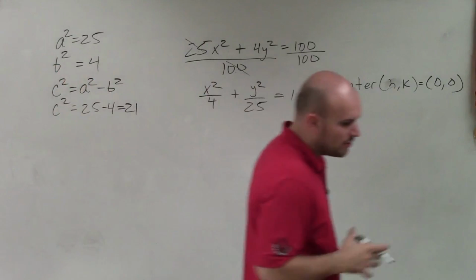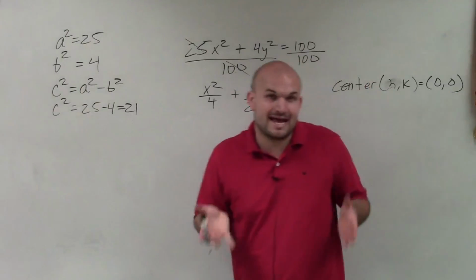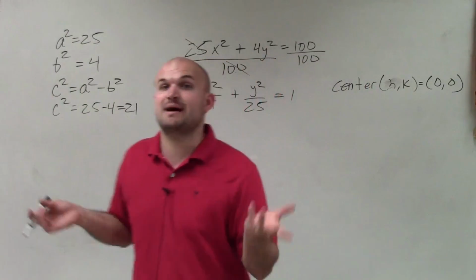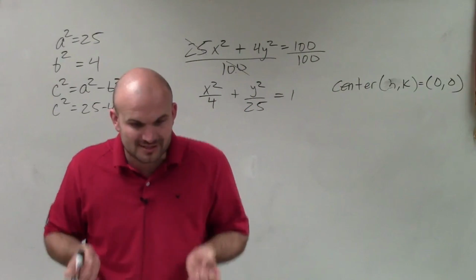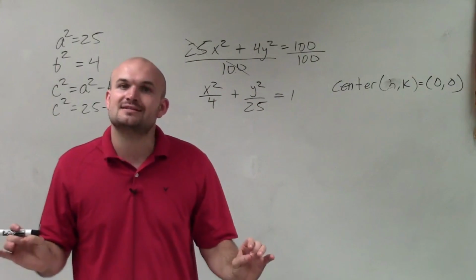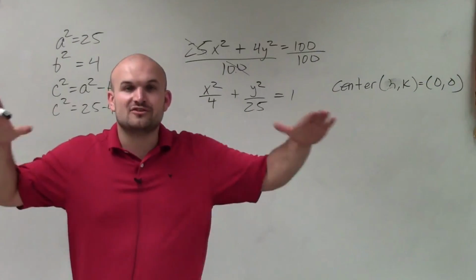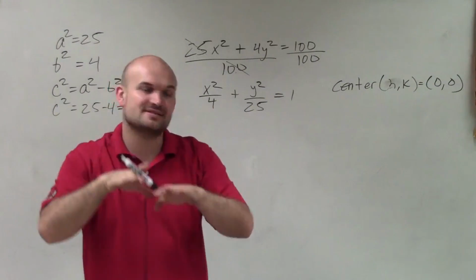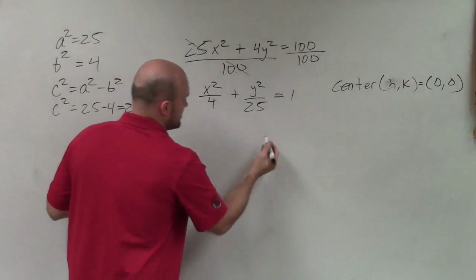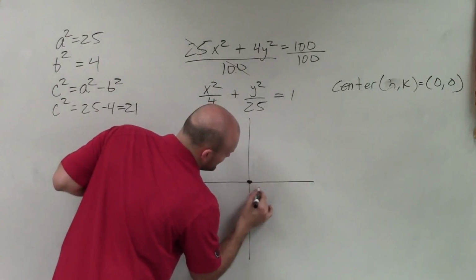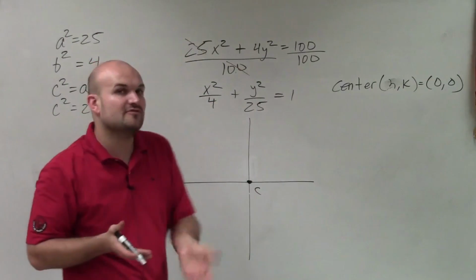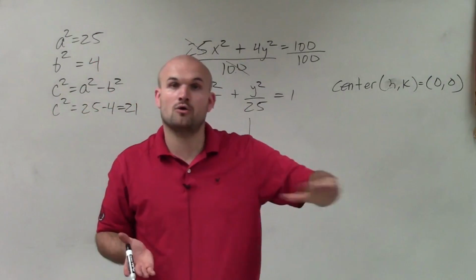All right. So now, after I've figured out my a, b, and c, the next thing I need to determine is where is my major axis, because it's so important for us to make sure we write down and understand that the major axis contains the vertices, the foci, and the center. I know my center, if I'm going to graph this, is at 0, 0. But are my vertices and foci going to be vertical or horizontal?